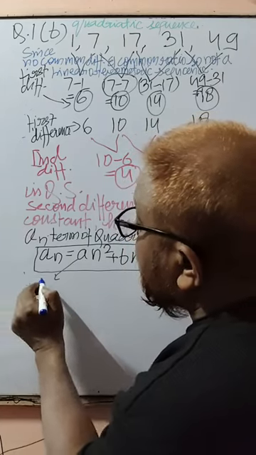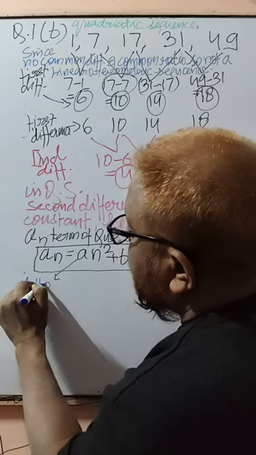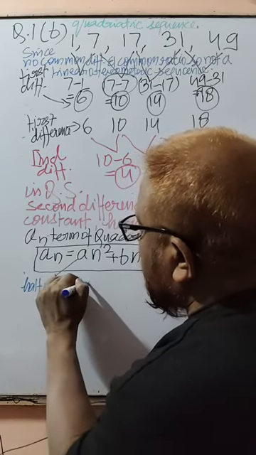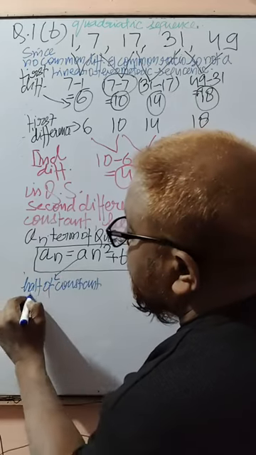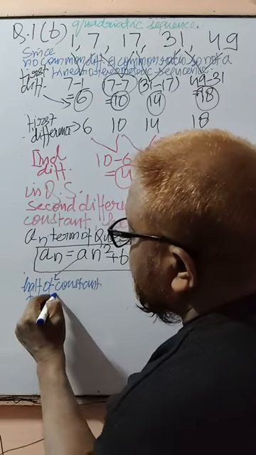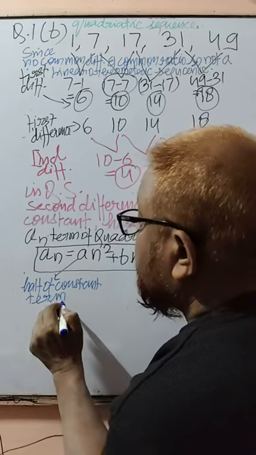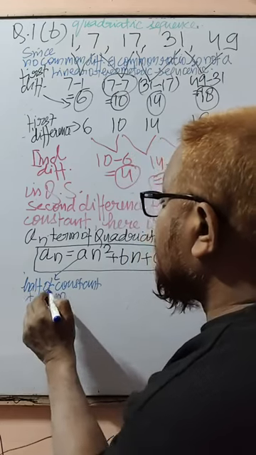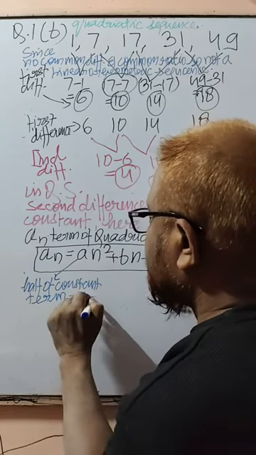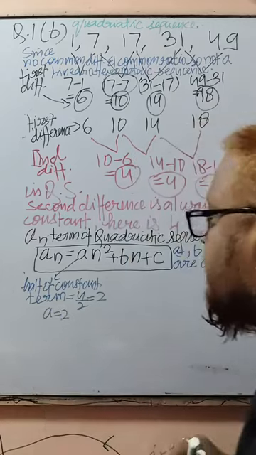A is half of the second difference, so 4 by 2 is equal to 2. So here a is equal to 2, right?